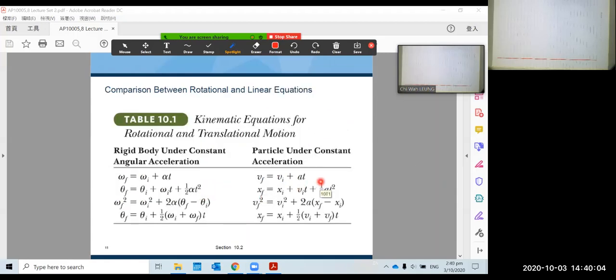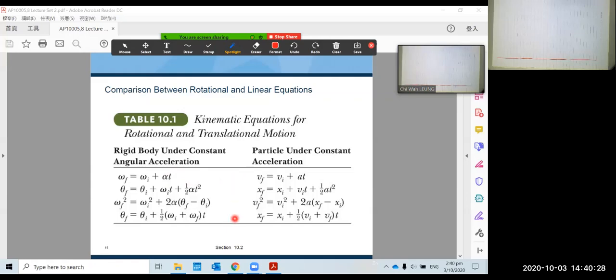Of course, they are fundamentally different, in the sense that one is concerned with the motion along a straight line, that is the linear motion, and one is concerned with the rotation about a fixed axis. But you could compare the equation forms.